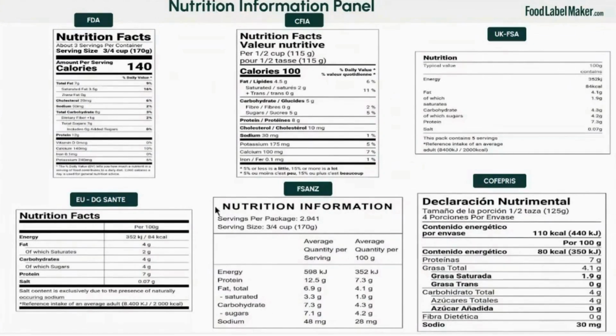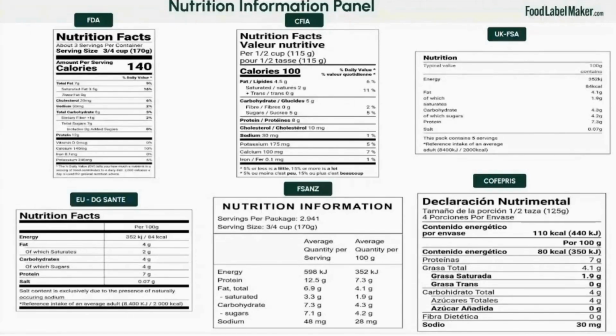So, for example, in the United States, serving sizes are based on the reference amounts customarily consumed, which are determined by the FDA based on large-scale nutrition surveys. So if people typically eat, let's say, 30 grams of cereal, then that's going to be your serving size on the label. And this usually makes it easier for consumers to see exactly what they are eating without doing the math.